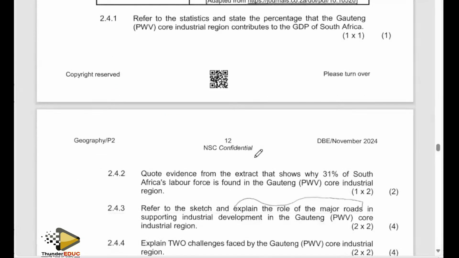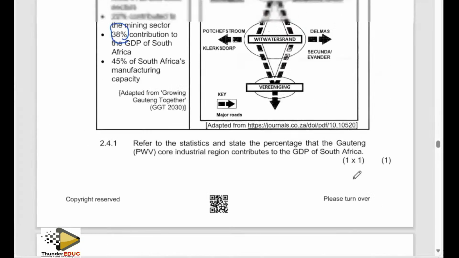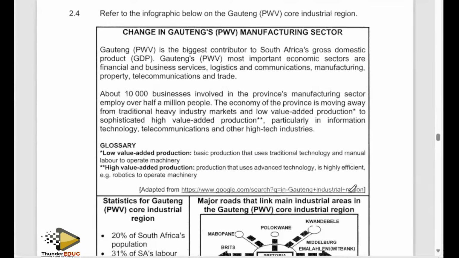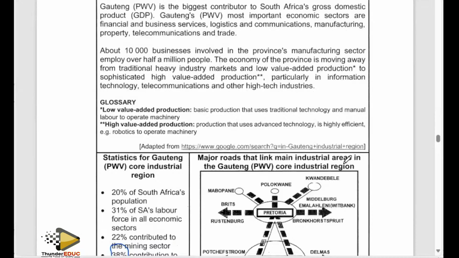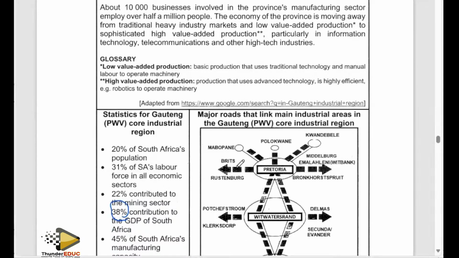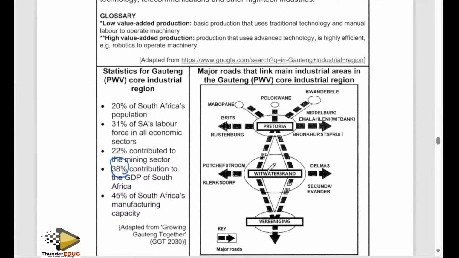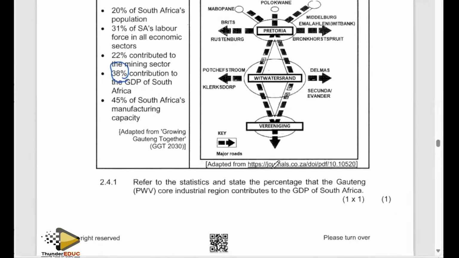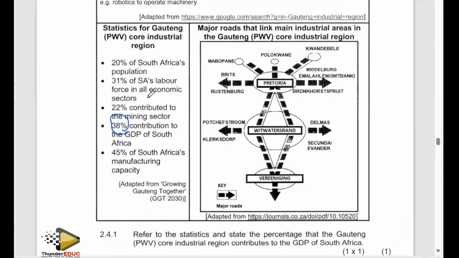It says, quote evidence from the extract that shows why 31% of South Africa's labor force is found in the Gauteng PWV core industrial region. If we come to our infographic, it says 31% of South Africa's labor force in all economic sectors.